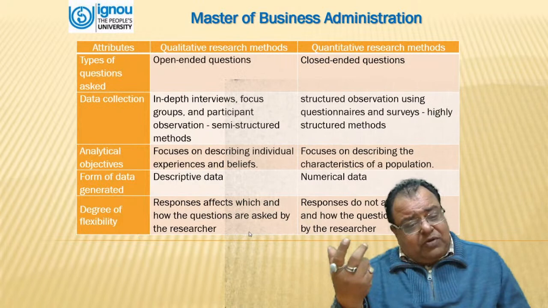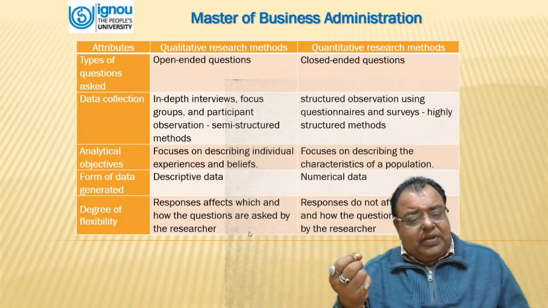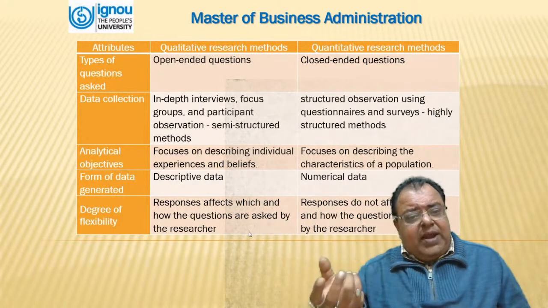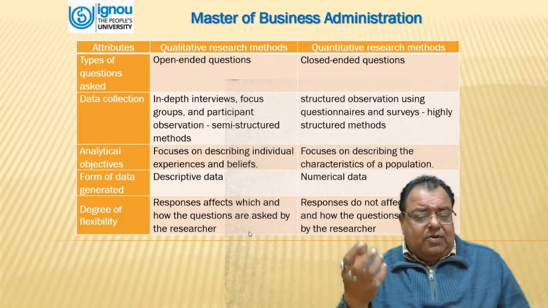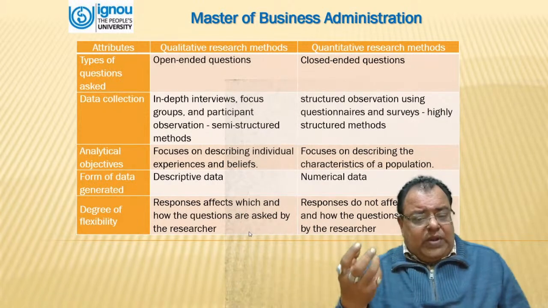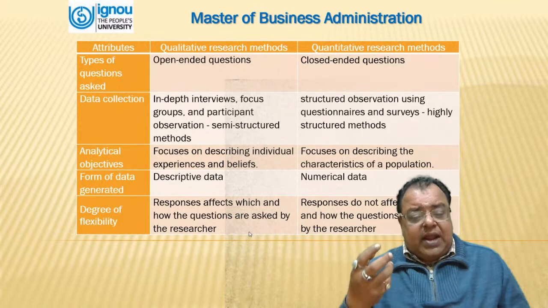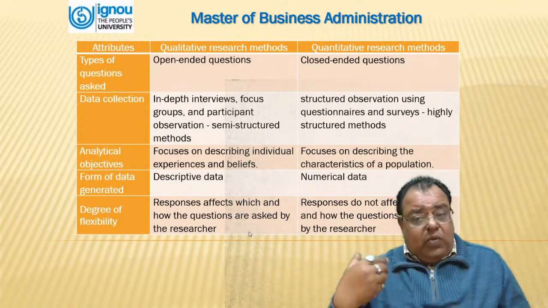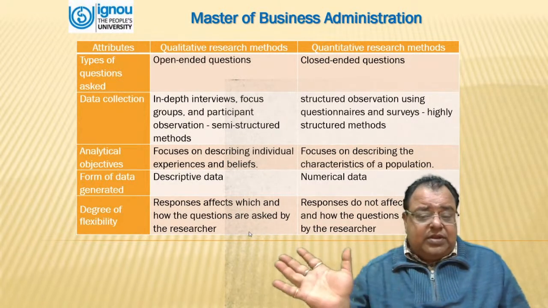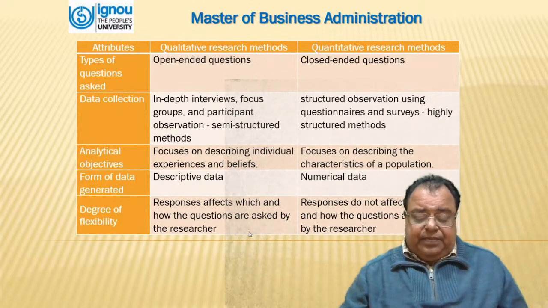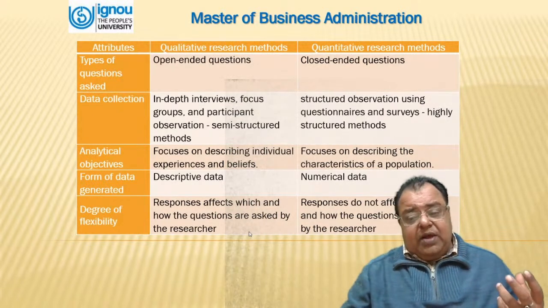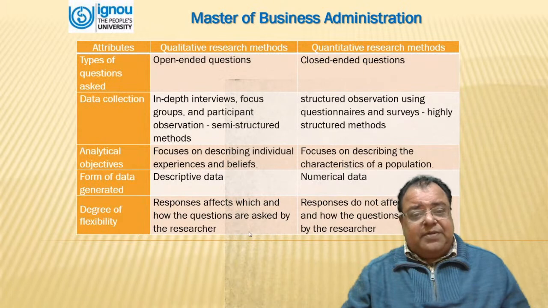The last part is the degree of flexibility. In qualitative research methods, responses affect which questions are asked and how the researcher asks them, whereas in quantitative research there is no such effect.